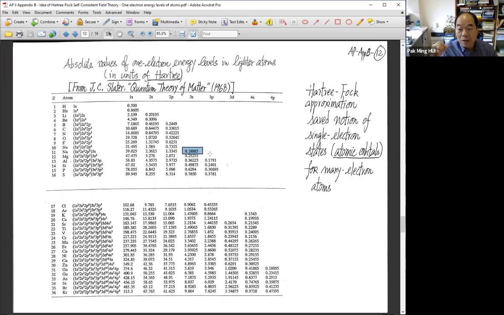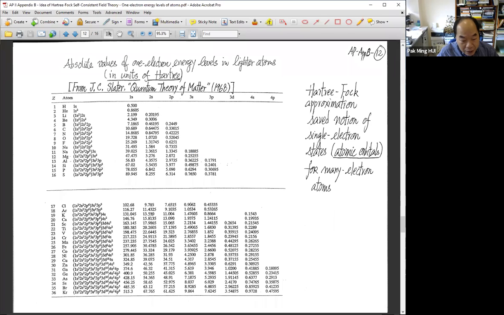You see? Although we are doing atomic physics, that is the beginning of the physics of all matter. We have conductor, we have insulator, we have semiconductor, we have superconductors. This is the beginning. You ought to understand atoms first, okay?